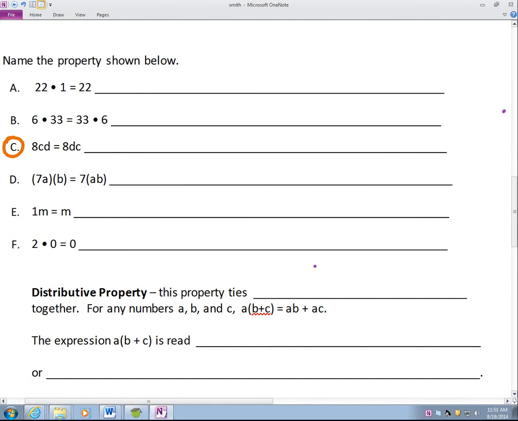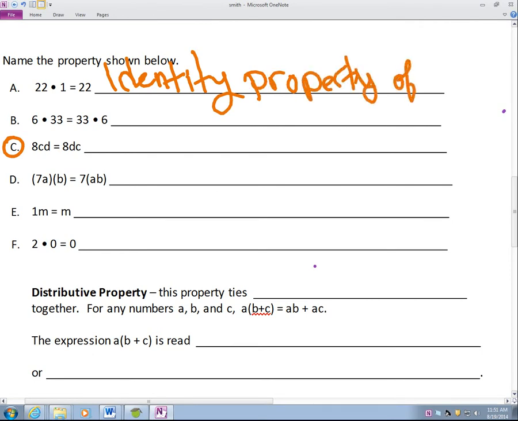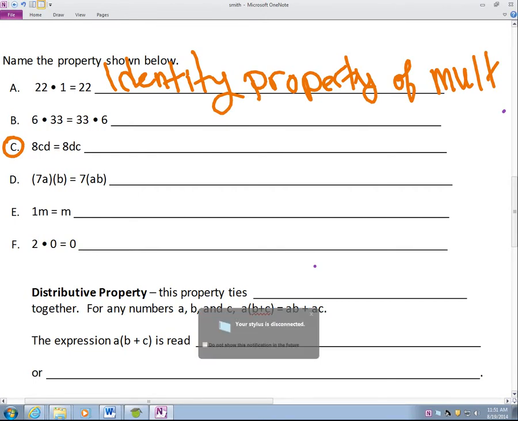Please raise your hand. I do want you to write it if you can fit it. The identity property of multiplication. Anybody who's watching the video, you can skip forward to when I start writing again. Muting the microphone.